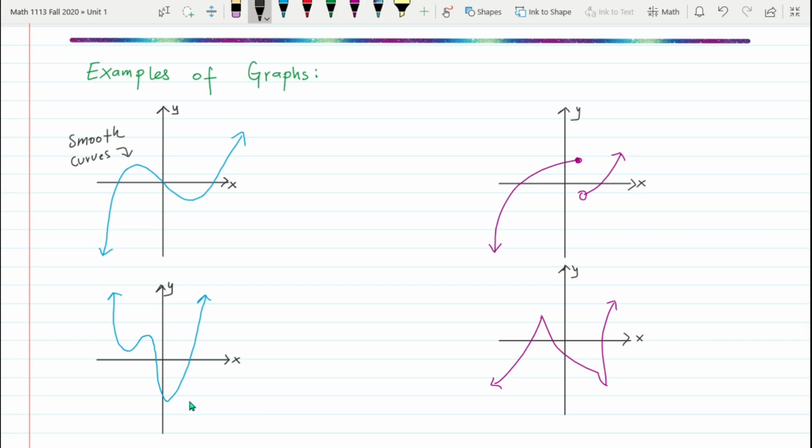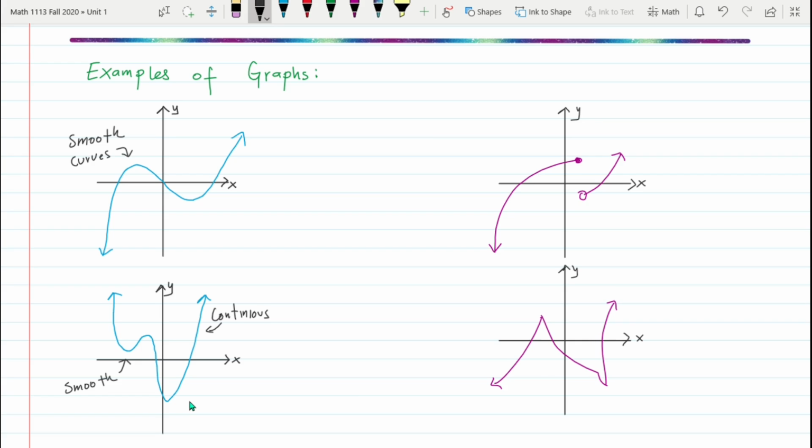No sharp corners. Same here. Also notice how there are no breaks. That means they are continuous lines from one end to the other.